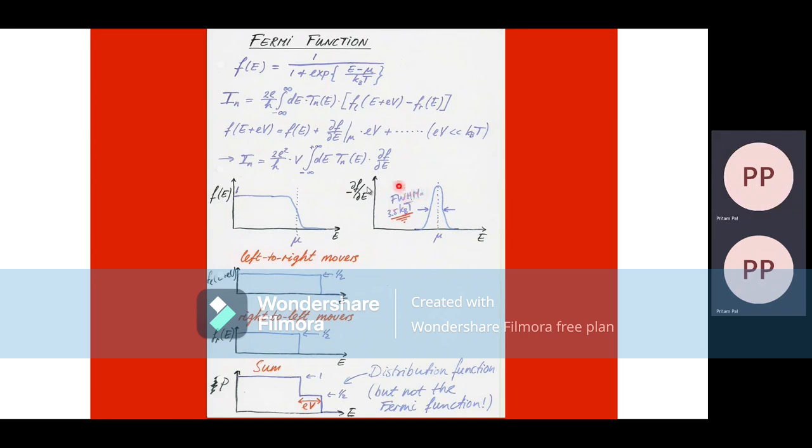So between consecutive plateaus, when the temperature becomes large enough, we will not be able to resolve the individual plateaus, right?